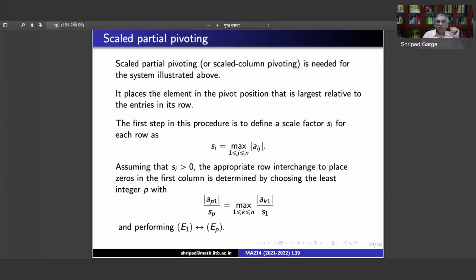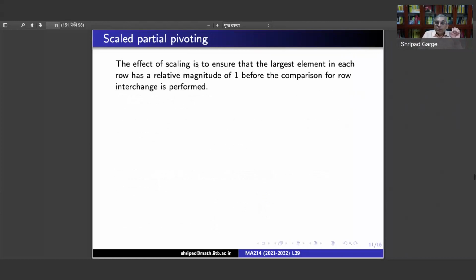And then we follow the usual method. So the effect of scaling is to ensure that the largest element in each row has a relative magnitude of 1 before the comparison for row interchange is performed. This is what we will ensure by having done this.